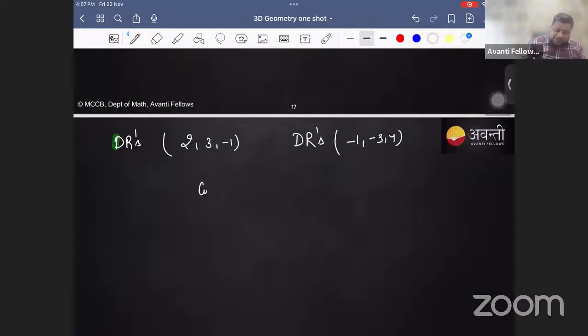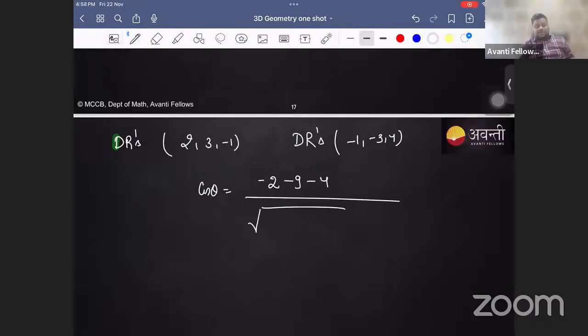So the angle between them will be A1A2, that is minus 2, plus B1B2, minus 9, plus C1C2, minus 4, upon under root of A1 square plus B1 square plus C1 square, so 4 plus 9 plus 1, under root of 1 plus 9 plus 16. Generally we talk about the acute angle.